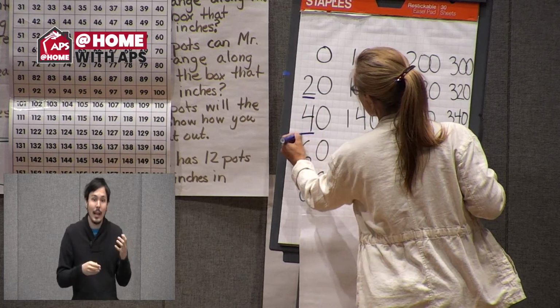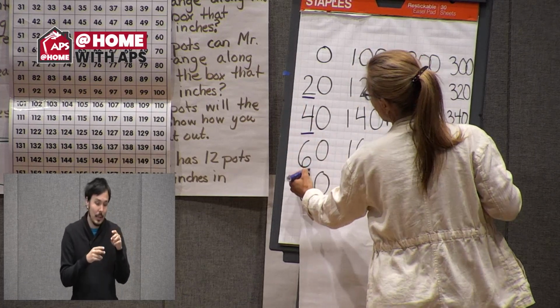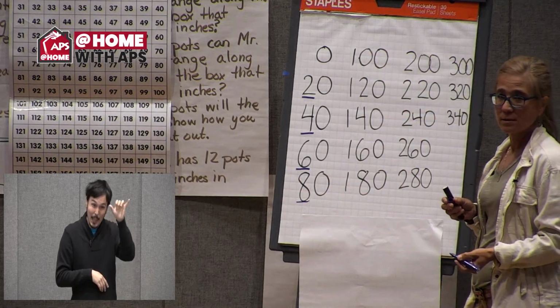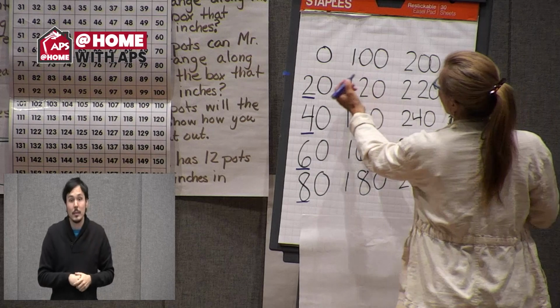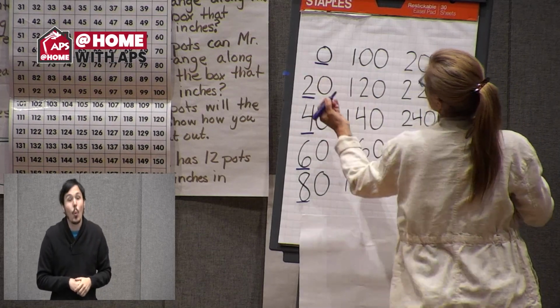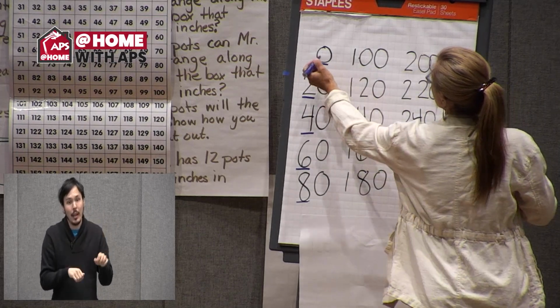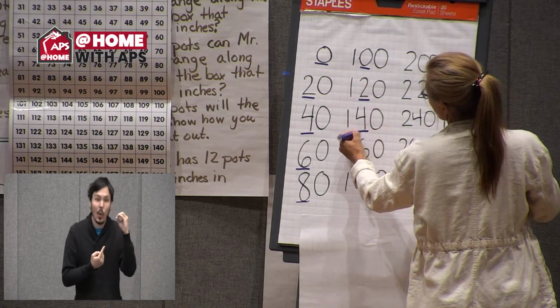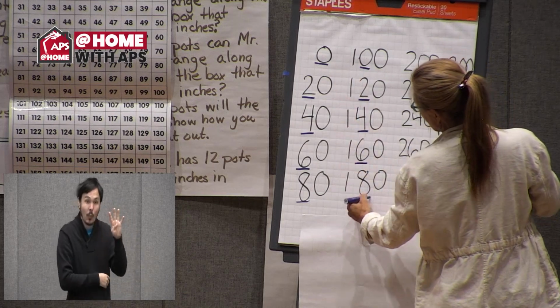What do we see? 2, 4, 6, 8. Do you see that pattern anywhere else? We can even add 0 to that, right? So we've got it again here: 0, 2, 4, 6, 8.